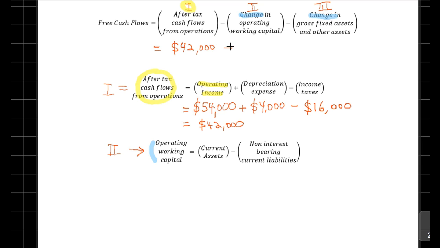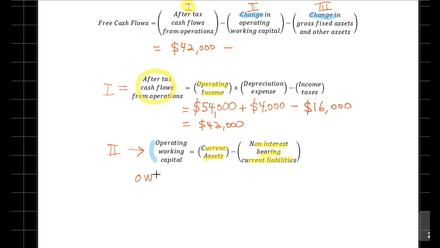Now time for the second part, change in operating working capital. Operating working capital is basically the difference between current assets and non-interest-bearing current liabilities, and we need to do that for the 2 years, for 2012 and 2011, and then look at the change between the two. So let's do it for 2012 first.